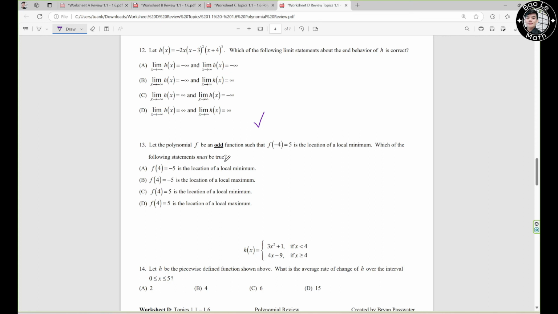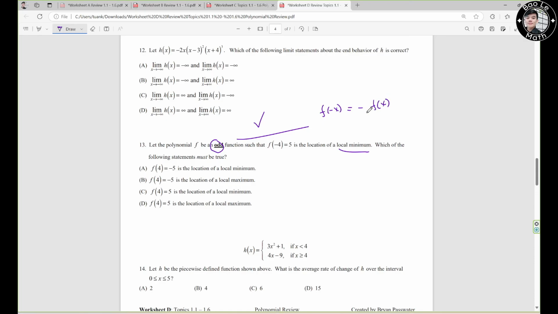Let the function f be an odd function such that f of -4 equal to 5 is the location of a local minimum. Which of the following statements must be true? All right. So because the function is odd, we have f of -s equals -f of s.